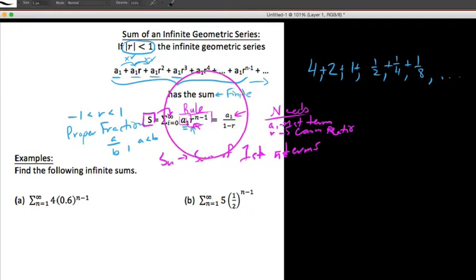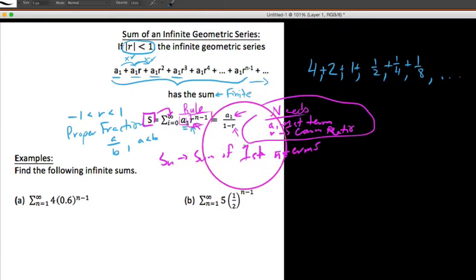Oh, sorry, did I point out n here? We need r here. I meant to point out r here, not n here. So this is very similar to finding the sum of a finite series. It's just that the top is a little bit more simplified, okay?